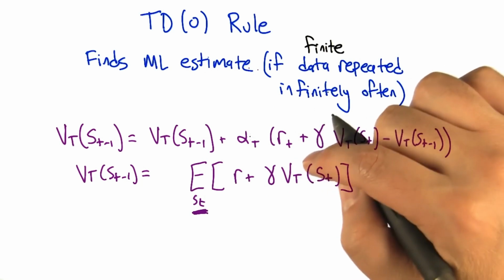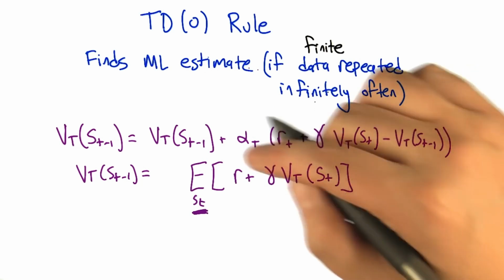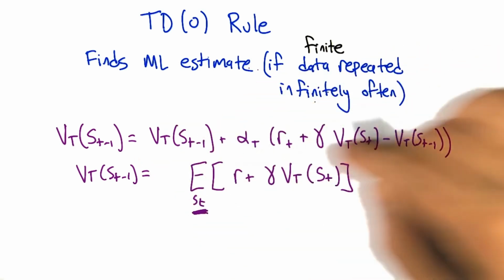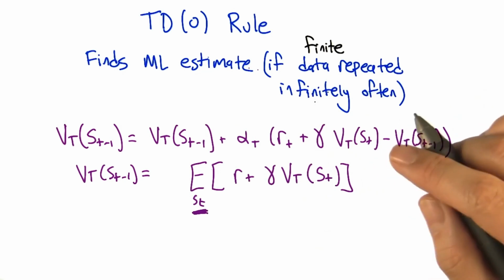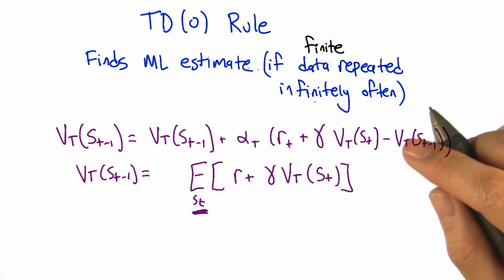And that's not true of the outcome-based model, because in the data that we just saw, where we only saw one transition from S2 to anything else, we can run over that over and over again, but the estimate's not going to change. It's always going to be exactly that. Okay, that makes sense.